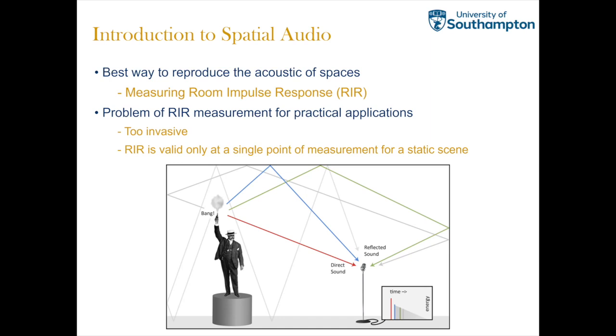The best way to reproduce the acoustics of a space is measuring the room impulse response. Room impulse response is a signal: if there is a peak signal at one point, and this is the listener position, then if there's a gunshot bang, the sound arrives first here with direct sound, and then the next sound will arrive via this wall, and then probably the next sound might be from here, this reflection.